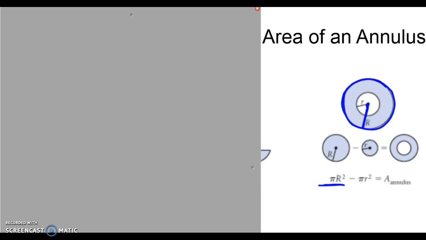So we're going to find the area of the big circle and subtract the inside area of this donut, or annulus. We're going to take the small radius and subtract that area. So big circle minus little circle is going to give us the area of the donut.